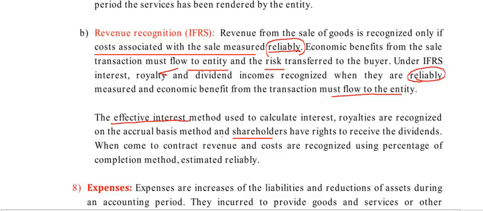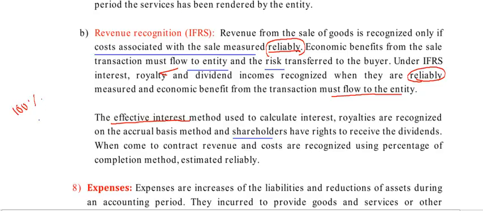Okay, when it comes to contract revenue and costs, they are recognized using the percentage of completion method. For example, 100% of the work, and you completed 50% of the work till this year. So you have to recognize revenue of only 50%, even though you received the full amount. You should not calculate the entire revenue.